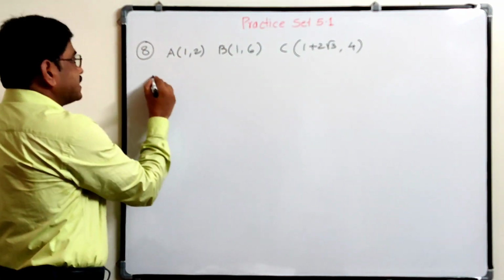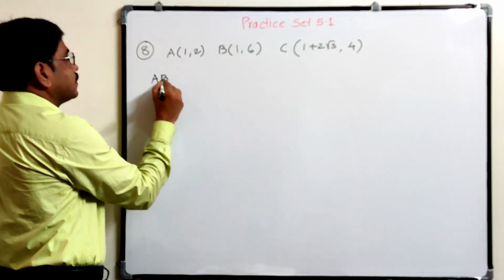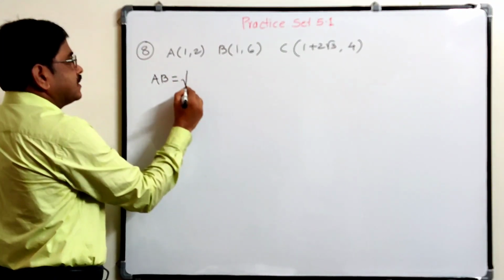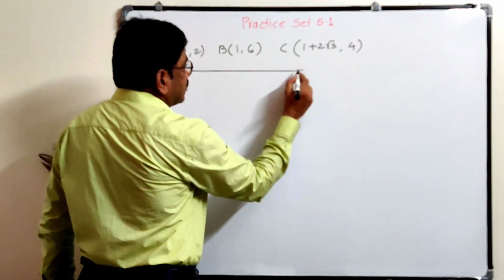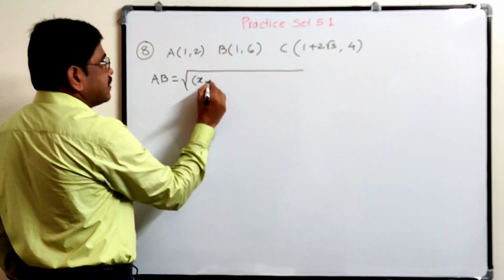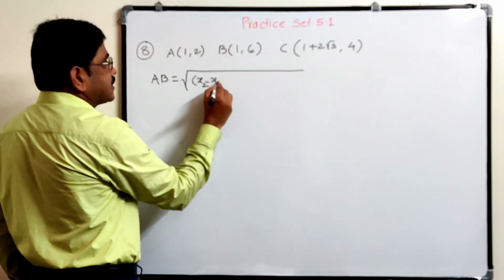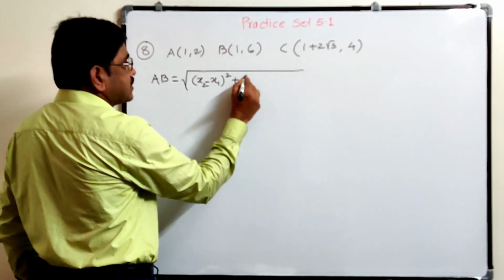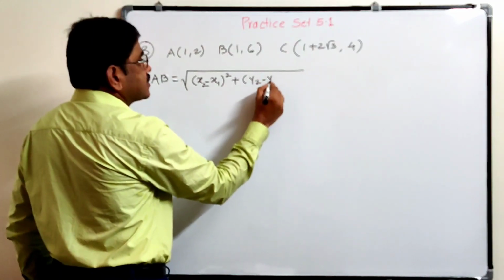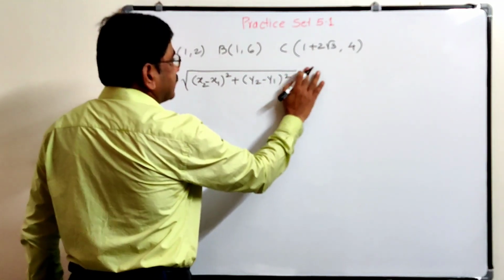Then show that these are the vertices of an equilateral triangle. So first find distance AB. Now I am not writing the formula. The formula is: x2 minus x1 bracket square plus y2 minus y1 bracket square. Right.